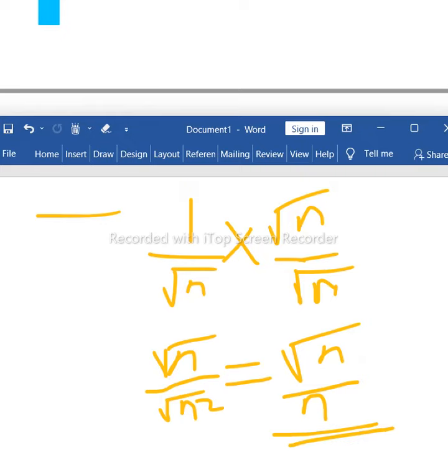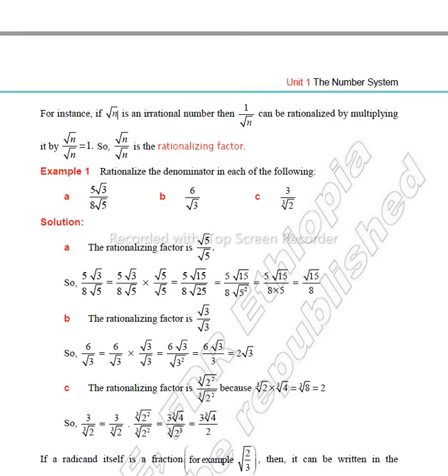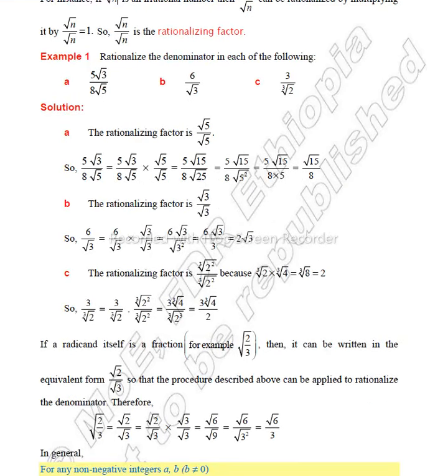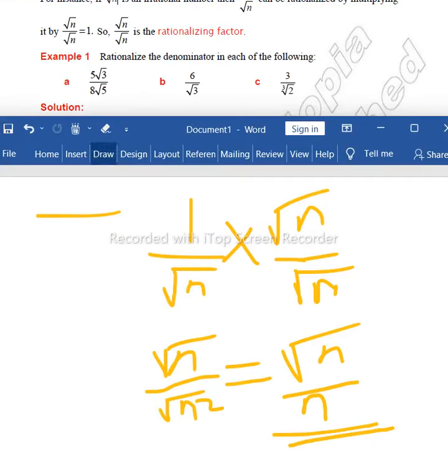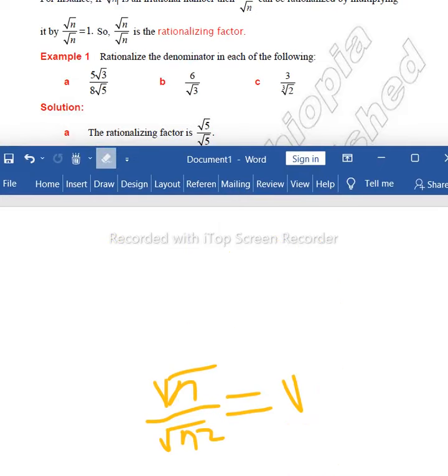This is the final answer for this question, and this is the simple way to rationalize any irrational number. For example, let us see this example: rationalize the denominator in each of the following. Here we have the given numbers A to C. We have to do all these examples. Let us clear our board first.